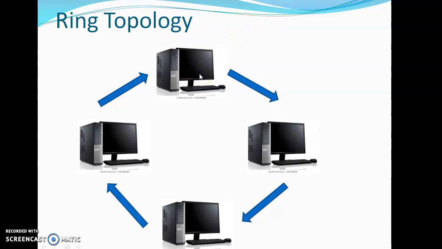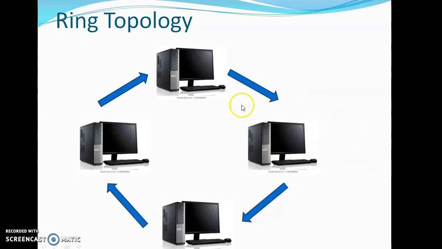Now the main problem here is, if I want to send a message from this machine to this machine, the message will be transmitted through this computer. This computer then will forward the message to the next computer. That is fine. Now say I want to send a message from here to this computer, and this computer is no longer available, it fails and stops working for some reason. I am trying to send a message from here, but it will not go because this computer is not working anymore.